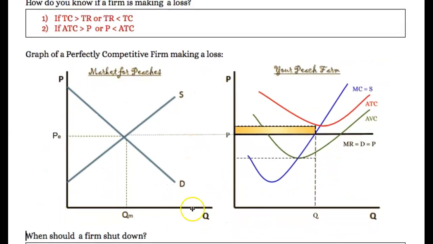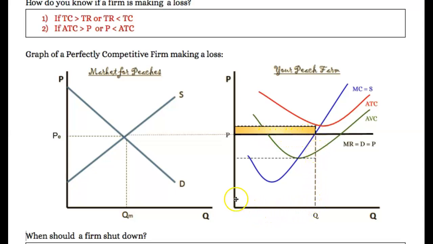I went ahead and left the market graph up that we've been looking at. Right here, when you take that quantity line, because you're producing where MR equals MC, and you take this line all the way up to the ATC curve and then over, what's happening is that this firm is actually incurring a loss. Your revenue is where this line is and then down.